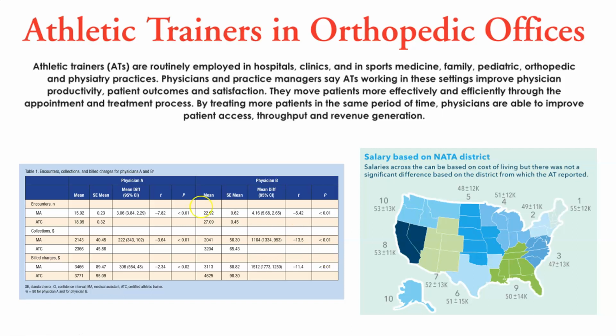And since you can see, if they can see more patients and be more effective at providing care, they can end up putting some of that money into the salaries of the athletic trainers. And so one of the highest paid areas within athletic training is the physician practice group.